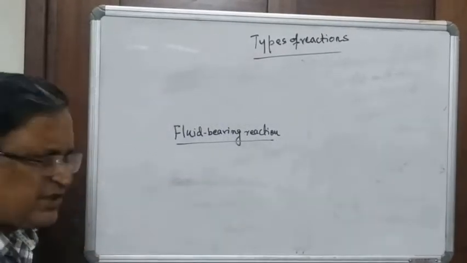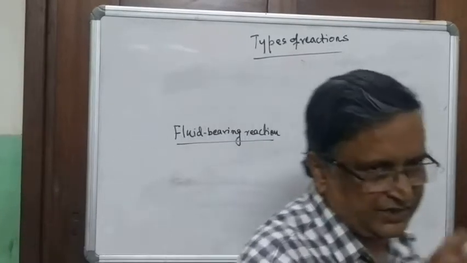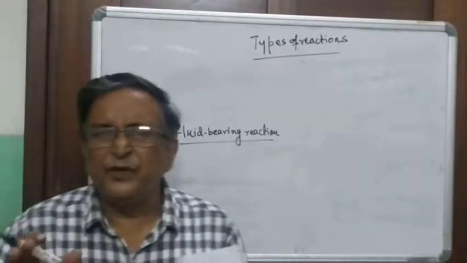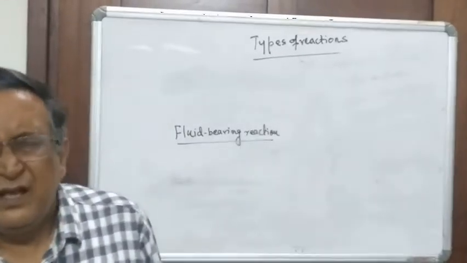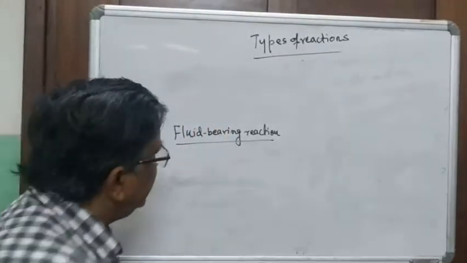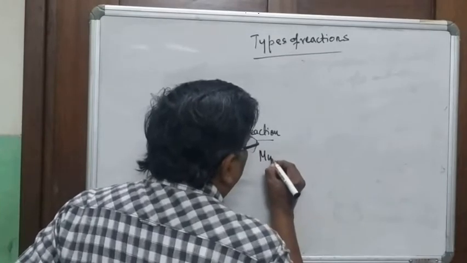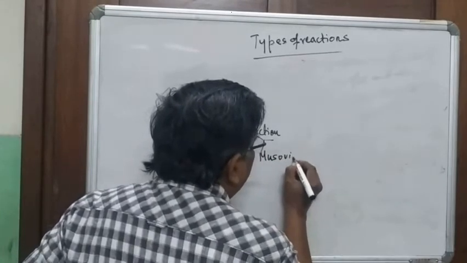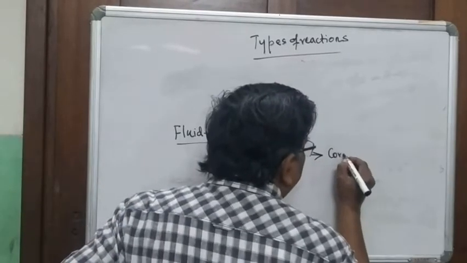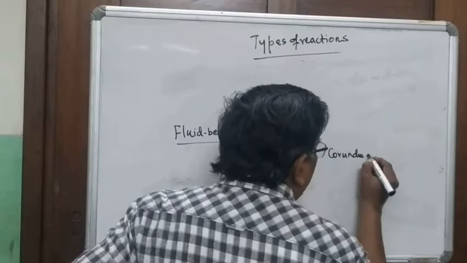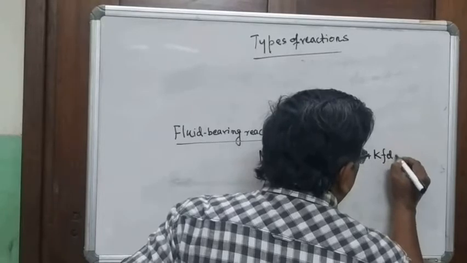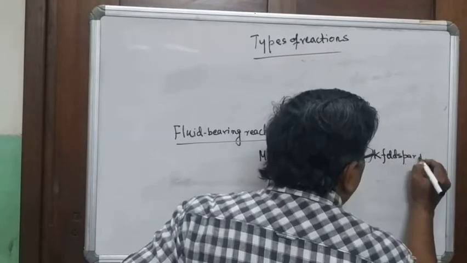Now there are hundreds of fluid-bearing reactions. It's limitless, so it's no use telling anything about all the minerals. There are a tremendous number of such reactions. But just to give you an overall structure, say for example, muscovite breaks down to corundum plus K-feldspar plus H2O.